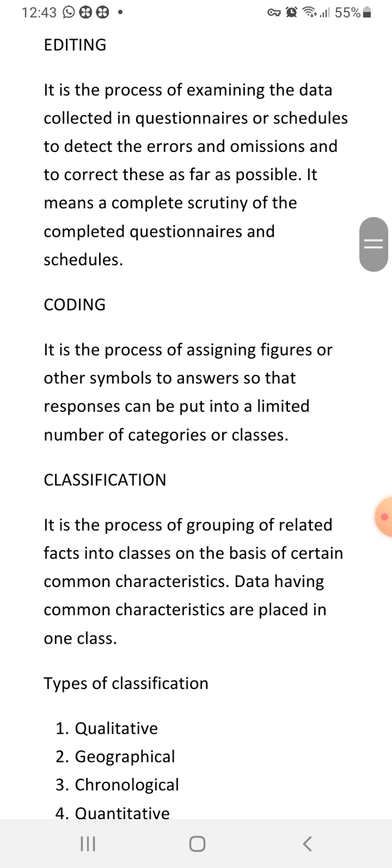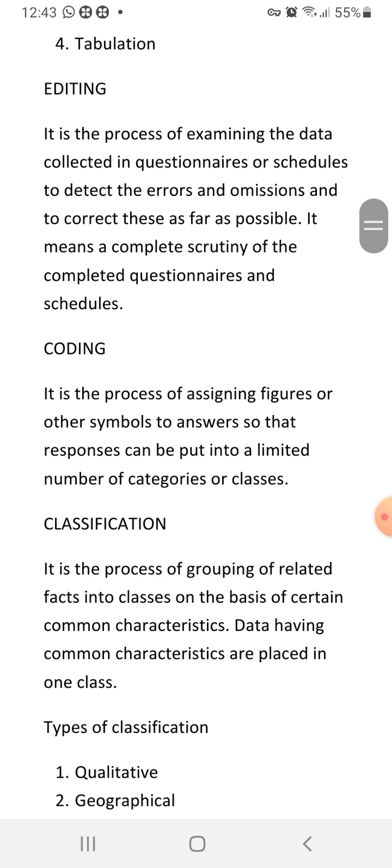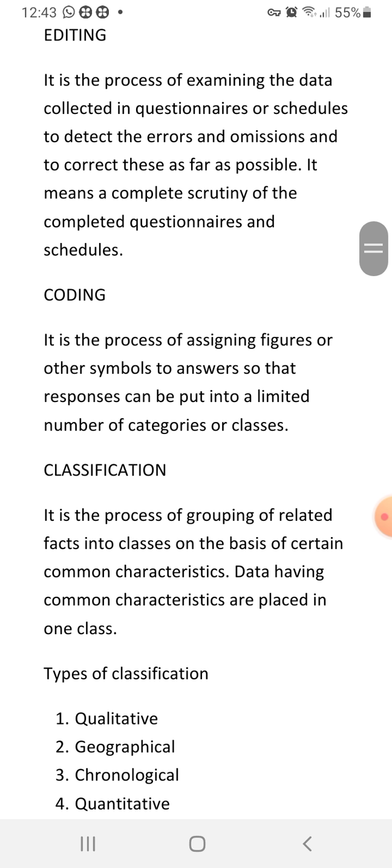Like that. In other words, you have male and female. You are asking about the sex, then male and female. Assign 1 for male and 2 for female, and make such a type of coding.